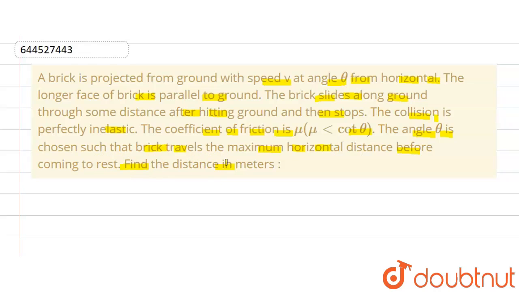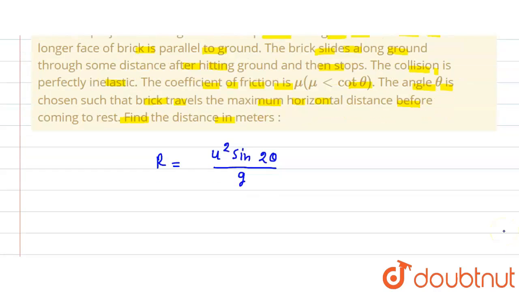Here we have to find a distance in meter. So firstly here we can see that range is equal to v square sin 2 theta upon g, and here impulse along vertical after collision. So here means impulse along vertical after collision.